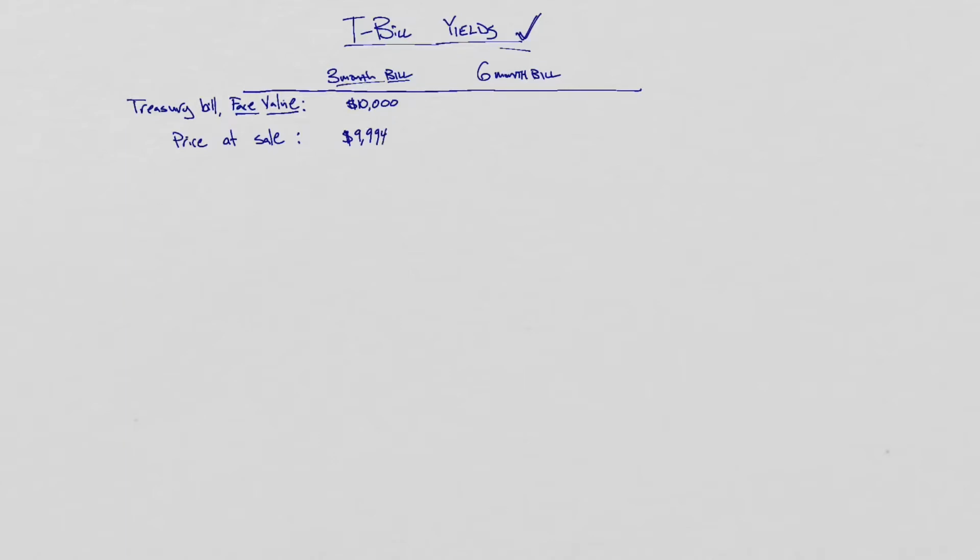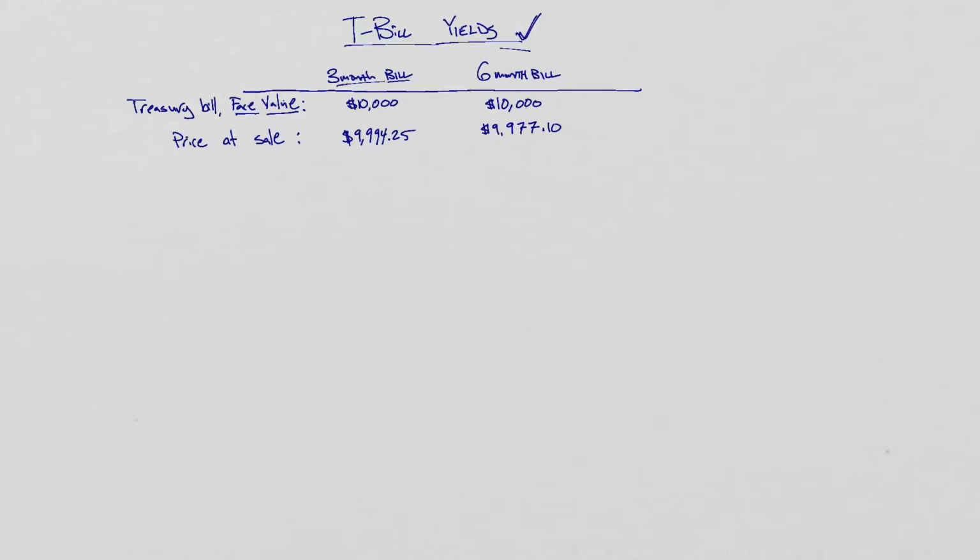So what drives treasury bills instead is whatever's going on in the market for U.S. interest rates. You see a lot of discussion about what interest rates are doing, what the Fed is doing in terms of influencing interest rates. All that talk has a big impact on the prices investors are willing to pay for treasury bills.